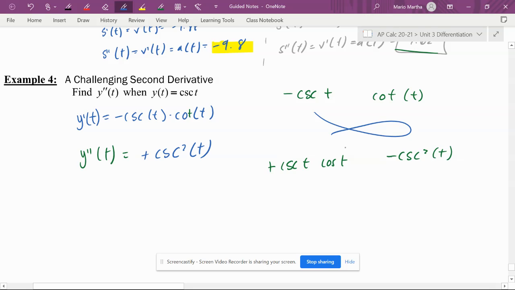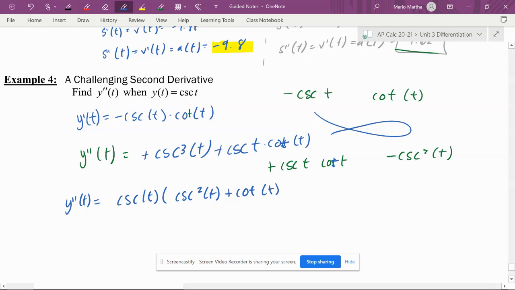And then we have plus cosecant of t times cotangent of t. All right. And then we can clean it up a little bit just by factoring out a cosecant. So y double prime of t equals cosecant of t times cosecant squared of t plus cotangent of t. And we're done.